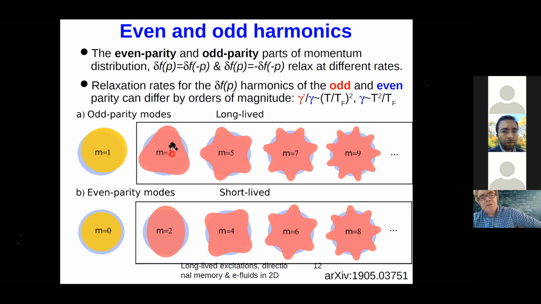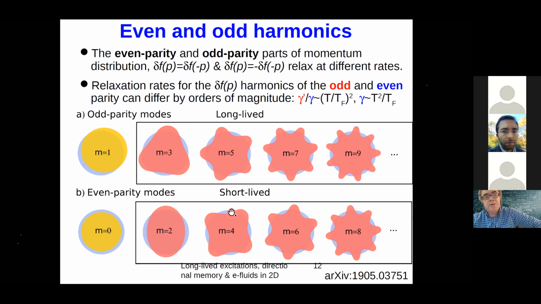The odd ones will be long-lived because their relaxation is governed by generic collisions which are not head-on, and in these collisions the angle change can be only very small, whereas in the even parity harmonics, the relaxation rate will be T squared.